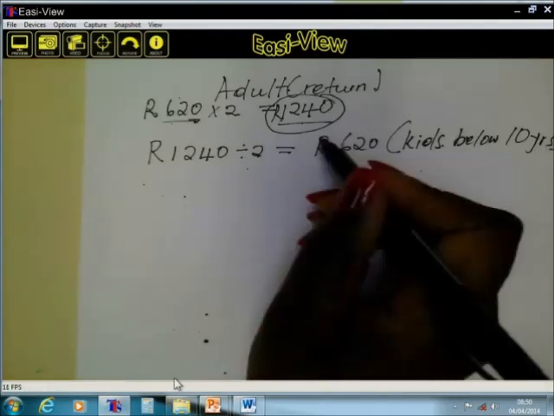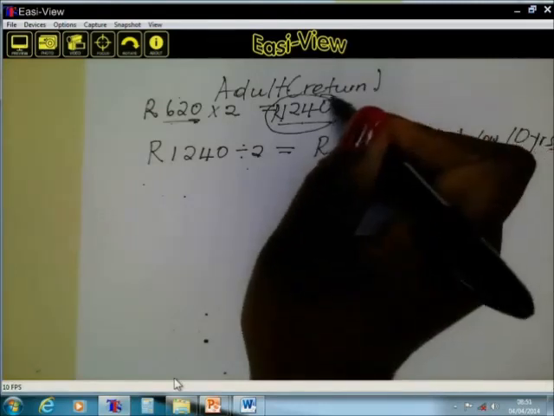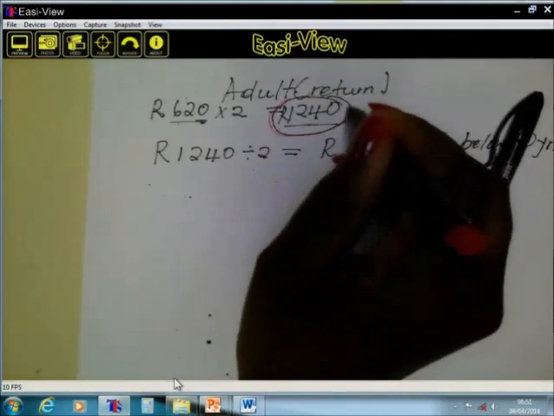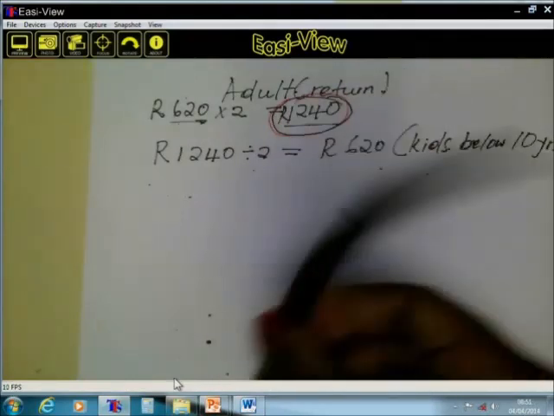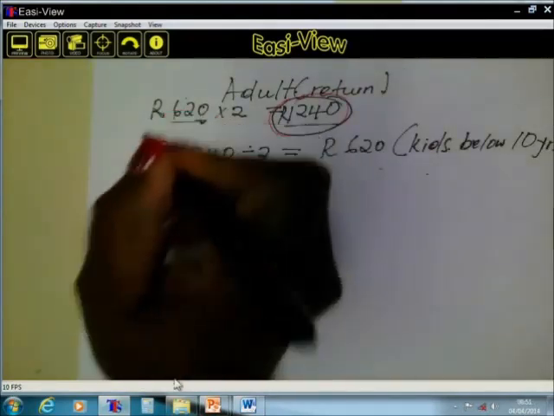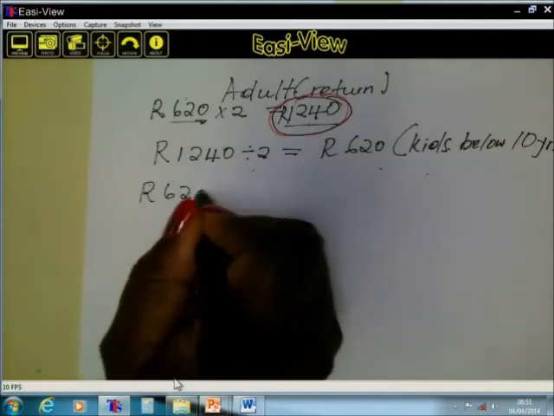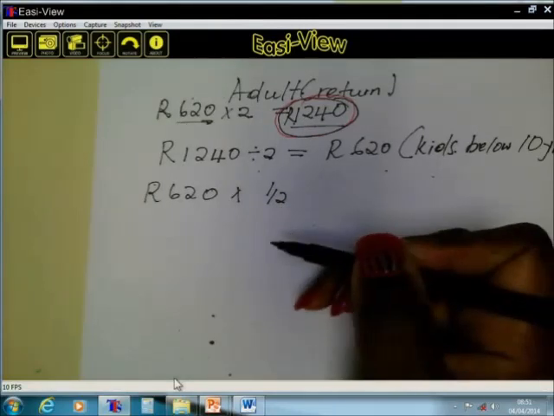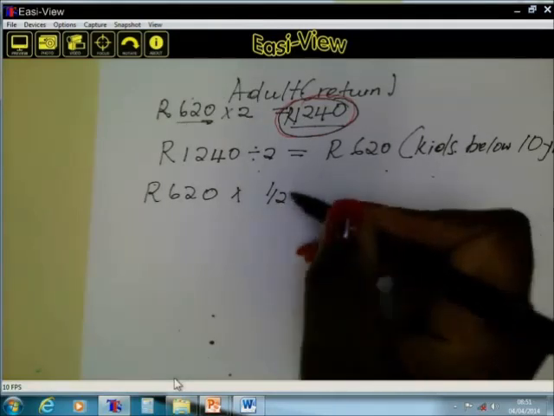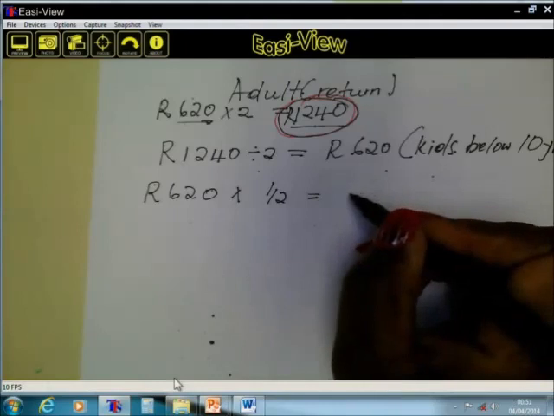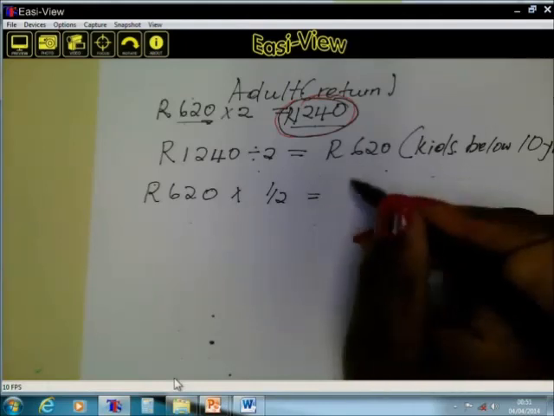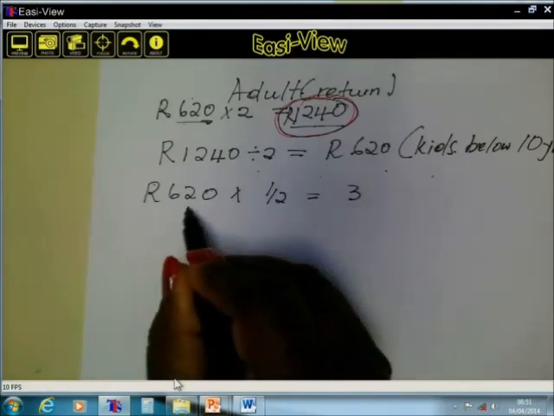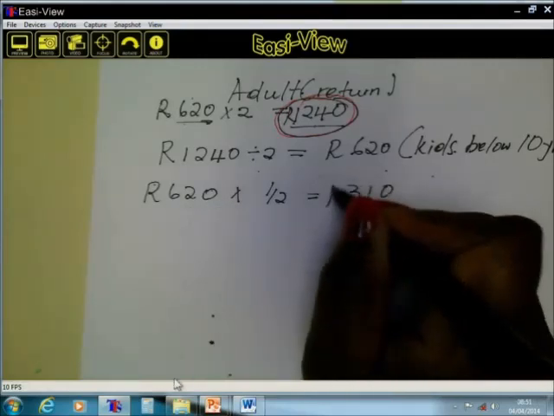Or for some of our learners who cannot detect that it has already counted for the return trip, they will say 620 multiplied by half. Remember, it was said that it's half price. Which will give us how much? 620 divided by 2 gives 310.